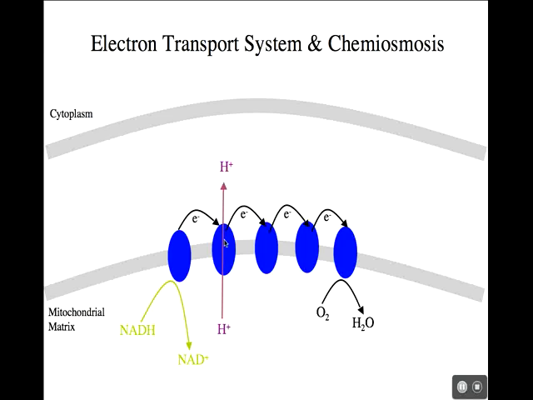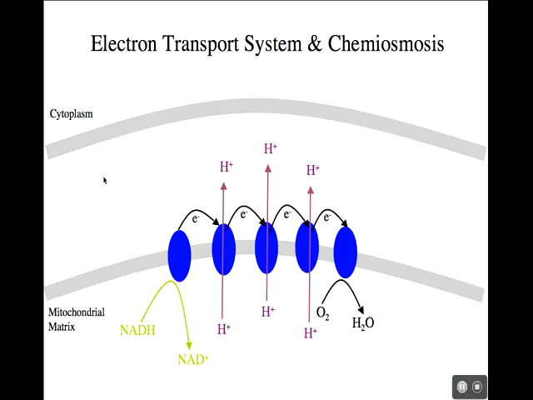So as the electron passes, that proton gets pumped into this inner membrane space, the space between the two membranes. Electron moves again, and another proton gets pumped. Electron moves again, and another proton gets pumped. So as the electrons move, those protons, or hydrogen ions, are getting moved into the inner membrane.